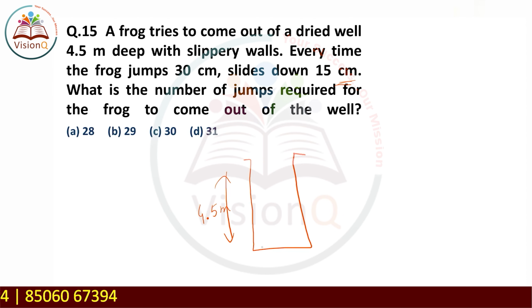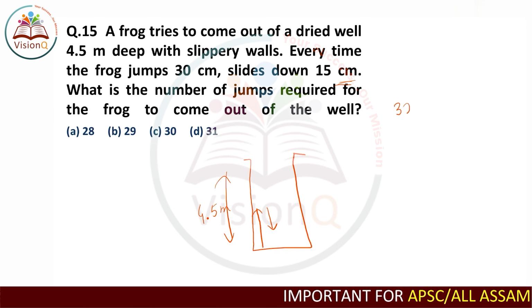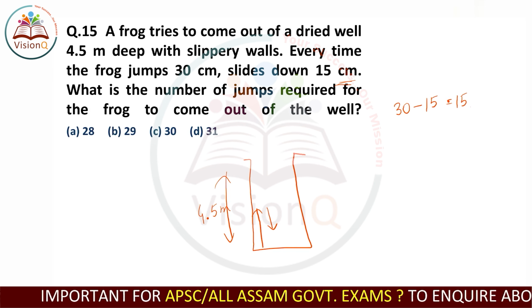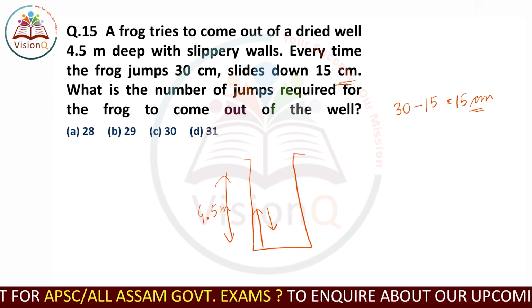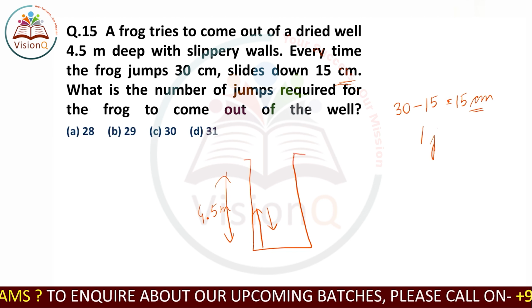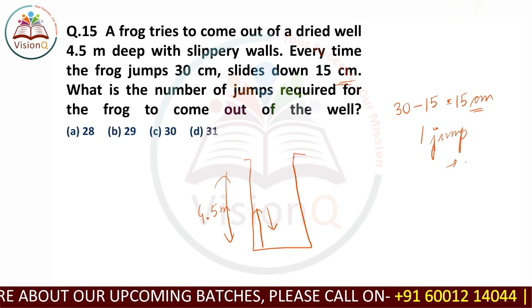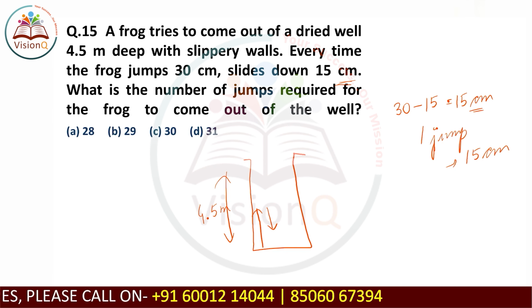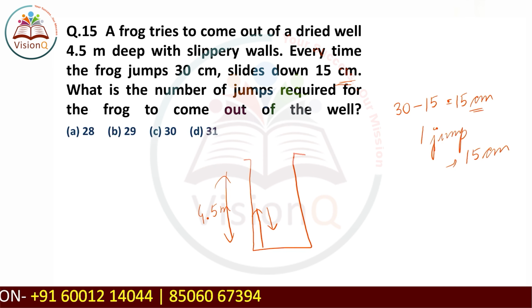Every time the frog jumps 30 centimeter, it slides down 15 centimeter. That means it has only moved how much distance? 30 minus 15, that is 15 centimeter is the effective distance covered by the frog in one jump, because it jumps 30 centimeter and comes down 15 centimeter every time.